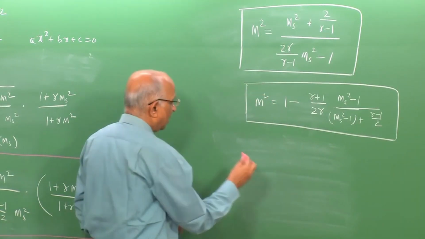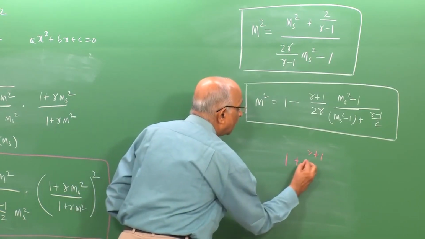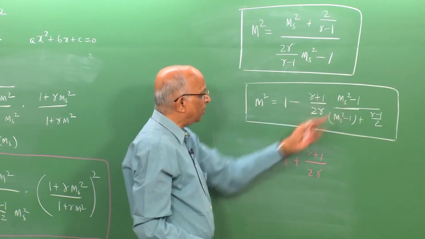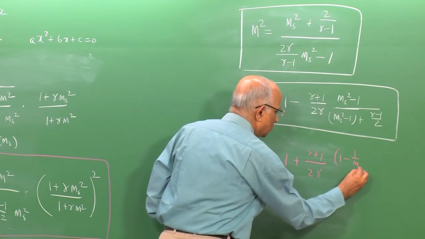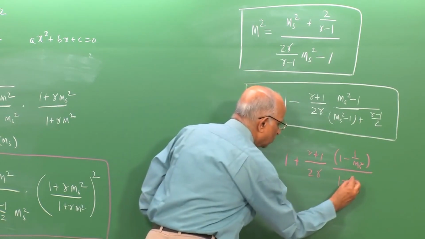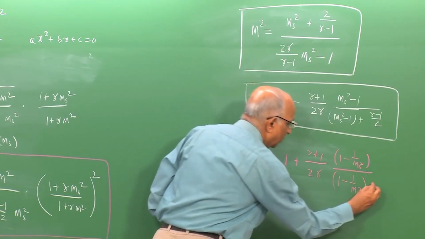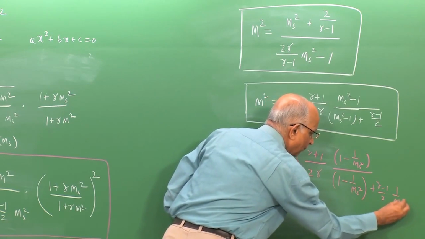Let us put it down: 1 plus gamma plus 1 divided by 2 gamma. Let us divide the numerator and denominator by Ms squared. I get 1 minus 1 over Ms squared divided by 1 minus 1 over Ms squared, because I am dividing, plus gamma minus 1 by 2 into 1 over Ms squared.